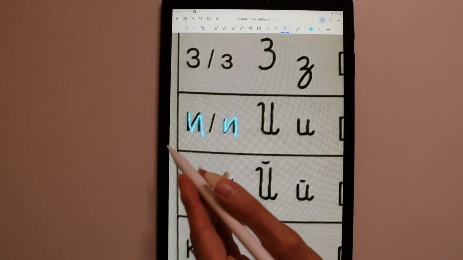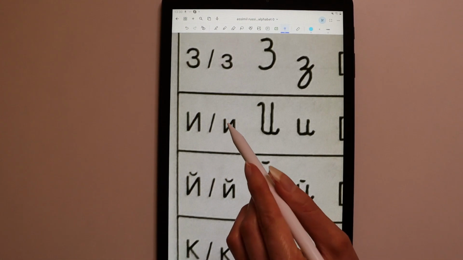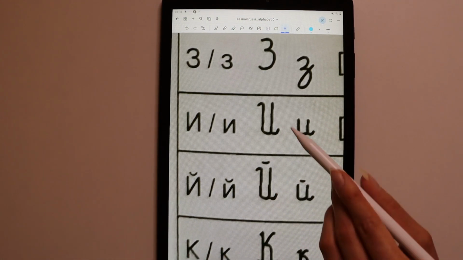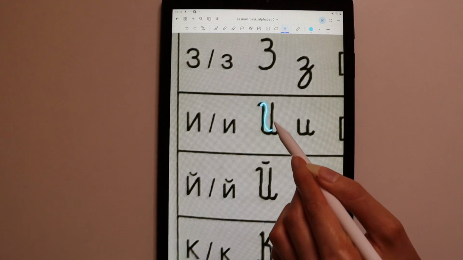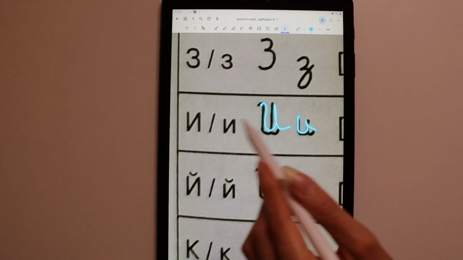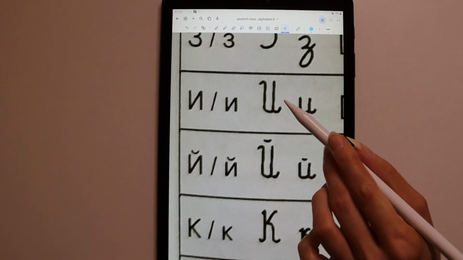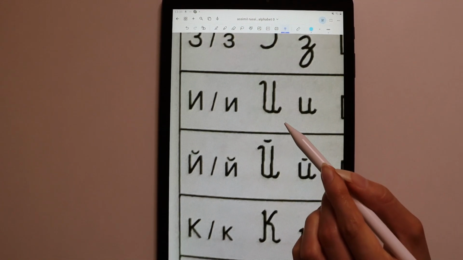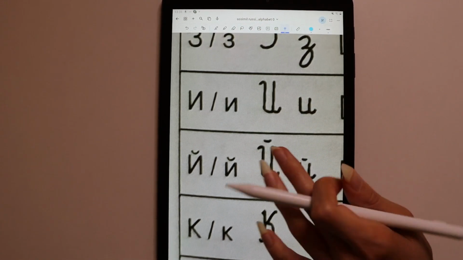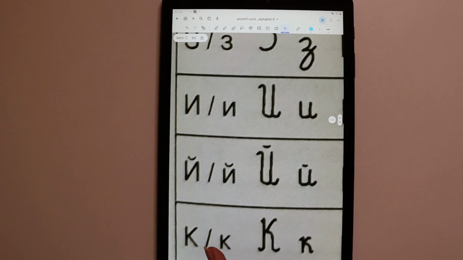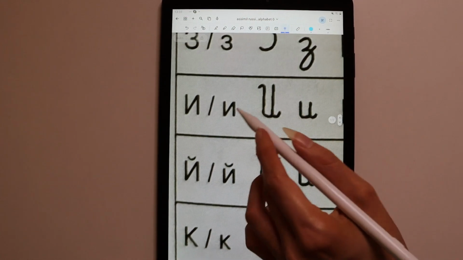Again, both versions look the same, but the lowercase letter is a bit smaller. And in the cursive you can kind of recognize it. You still need to learn the cursive letters and the cursive alphabet. It doesn't automatically all make sense, but it's still kind of recognizable.